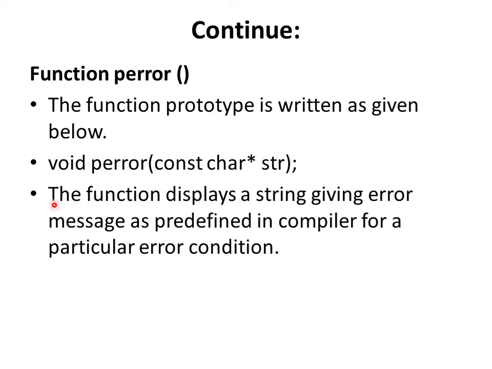What does perror do? The function displays a string giving an error message as predefined in the compiler for a particular error condition. That means perror gives a predefined error, which has been defined previously in the compiler.